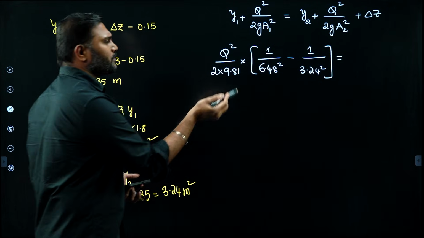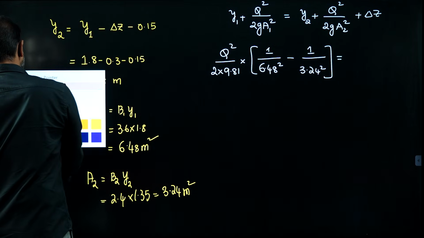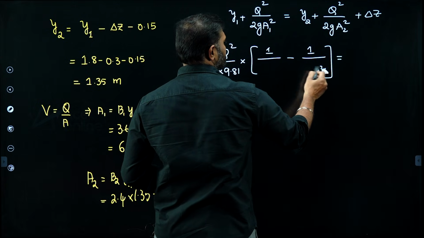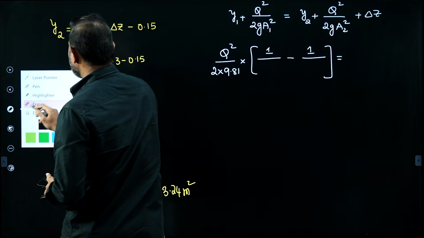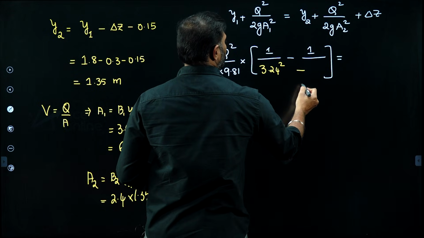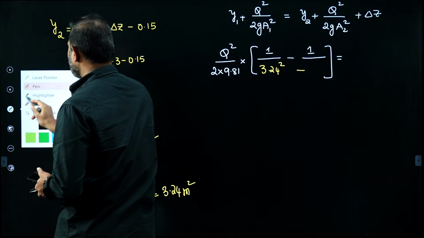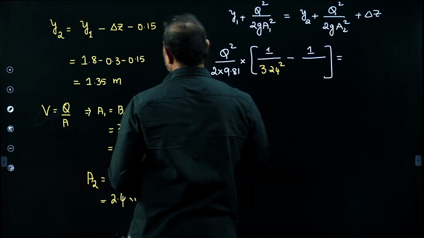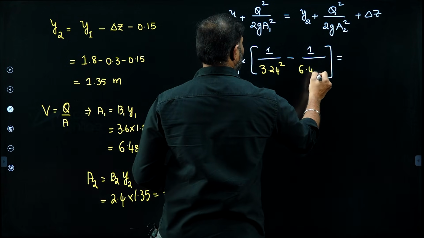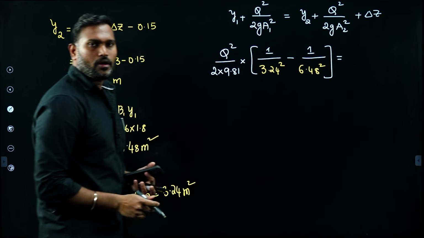yes, we can do the reverse, that's not an issue. So, what we can do is we will send that to the other side, then this is nothing but 1 by 3.24 square minus 1 by 6.48 square, okay.